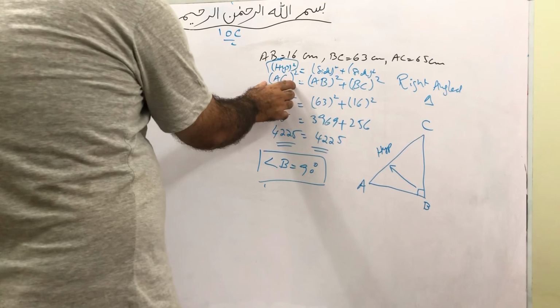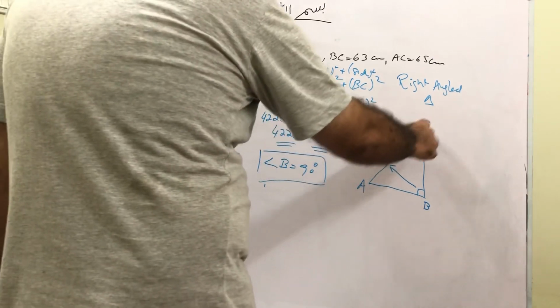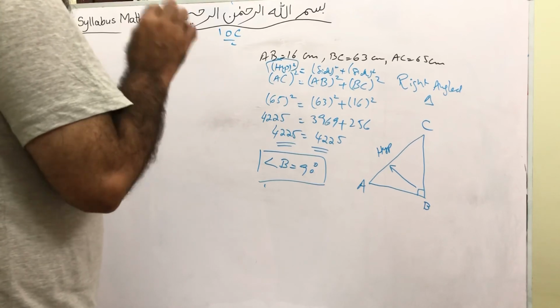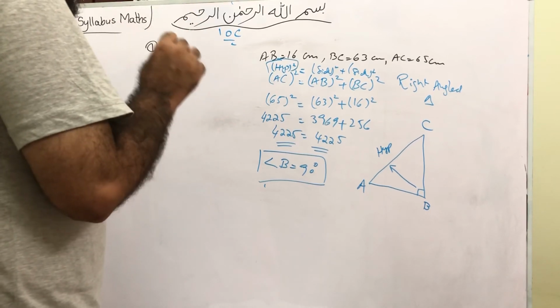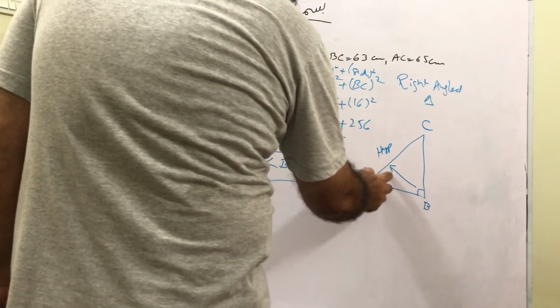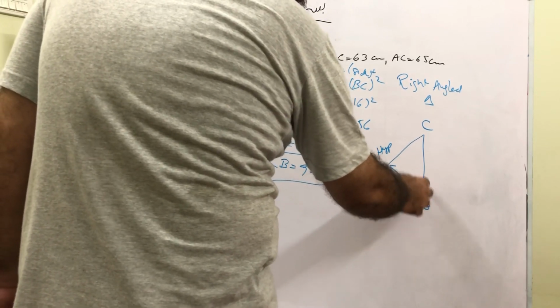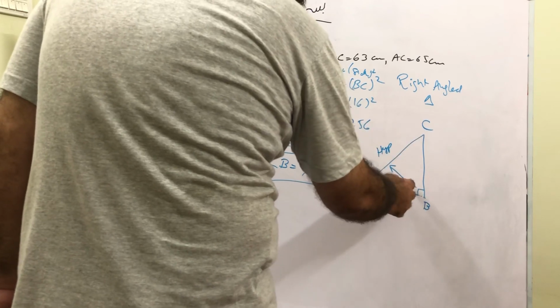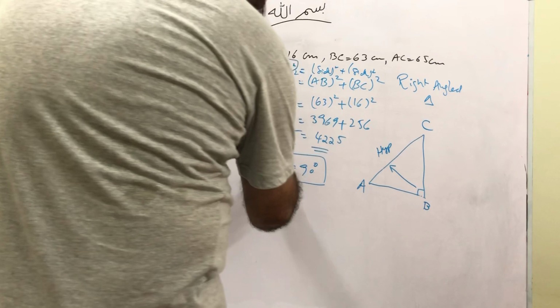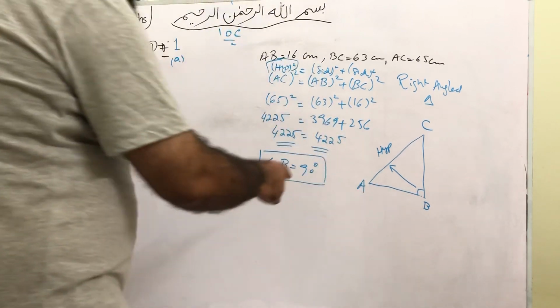So AC is the hypotenuse. If AC is the hypotenuse, we also know that the hypotenuse is always opposite to the right angle. So here is the right angle. If here is the right angle, it will be perpendicular. This angle B will be 90 degrees. So angle B is the right angle in this triangle.